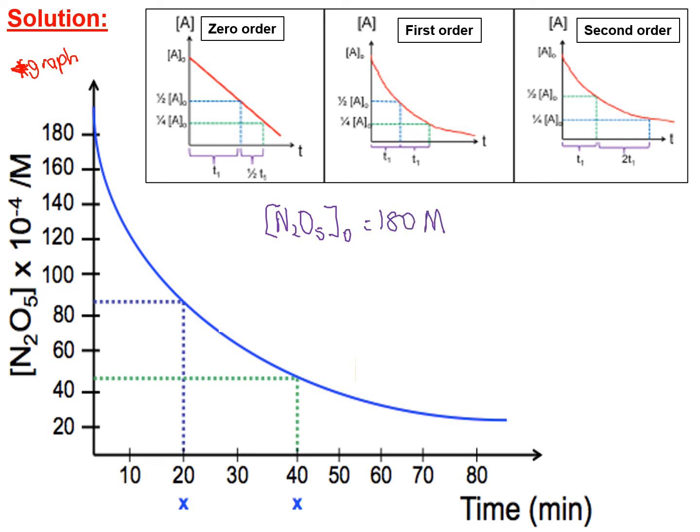Okay, tapi kalau you halfkan concentration initial N2O5, you will get 90 molar. Okay. So, bila you dapat 90 molar, you tengok dekat graph paper you markkan the 90 and then you kenakan dengan the curve ni and then you bawa turun bawah sebab you nak tahu half-life dia berapa. Okay. So, this is actually the first half-life T1.